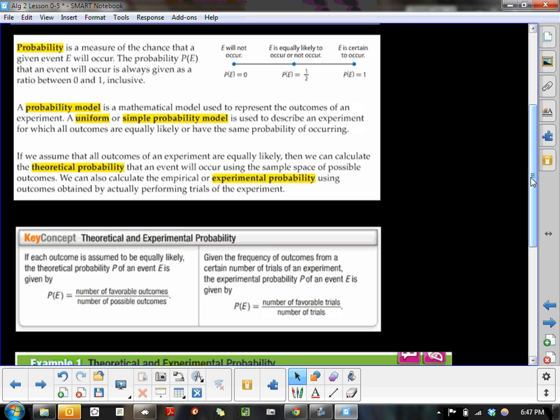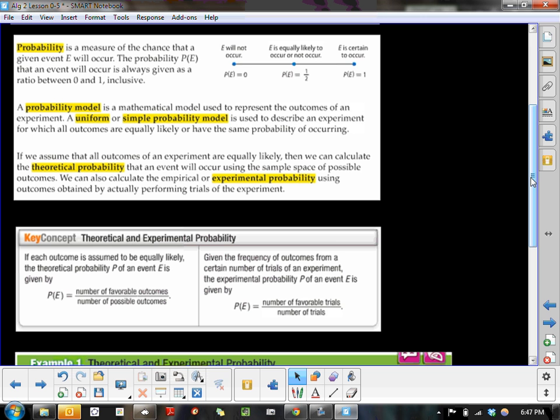We could also calculate the empirical or the experimental probability, which means we're actually going to conduct the experiment ourselves, record our results over several different trials, and then calculate how many times our event occurred. So the theoretical is what should happen in the long run. We've used terminology like that before. If we look at the overall long term, if you do this thousands, hundreds of thousands, or millions of times, this is what our experimental probability will get closer and closer to.